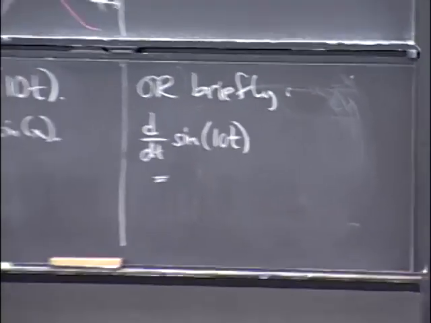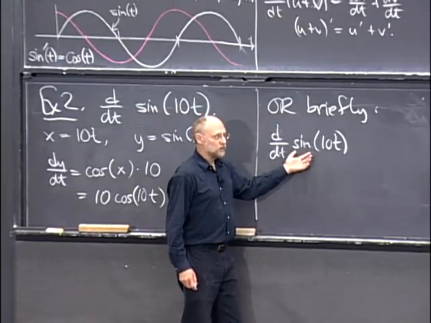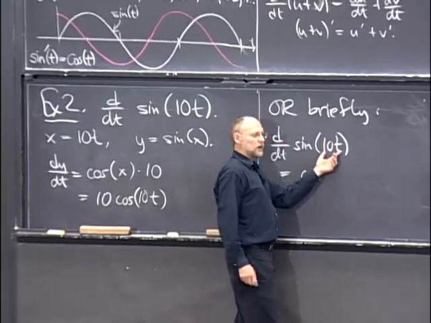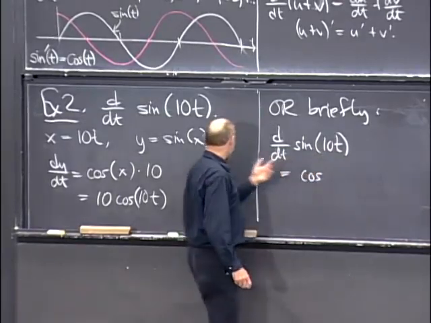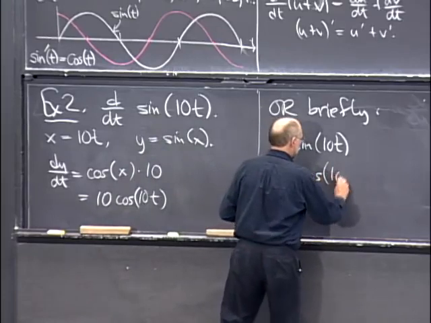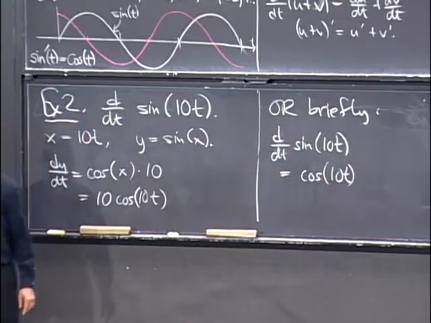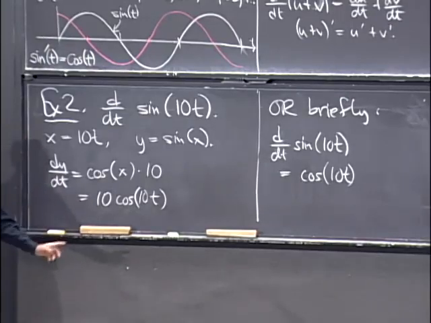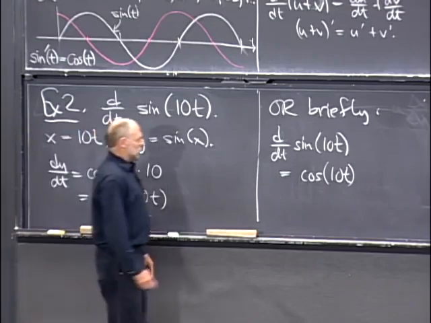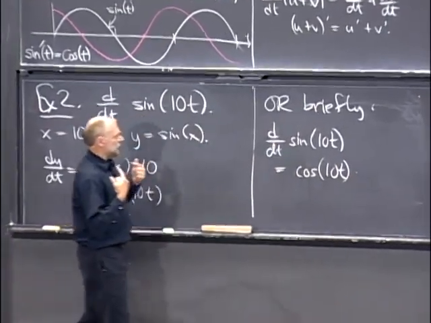I first of all differentiate the outside function, and I get cosine, but I don't change the thing that I'm plugging into it. It's still x that I'm plugging into it. x is 10t, so let's just write 10t and not worry about the name of that extra variable. If it confuses you, introduce the new variable and do it carefully and slowly like this. But quite quickly, I think you'll get to be able to keep that step in your mind.